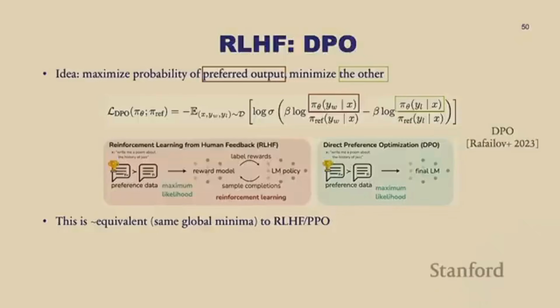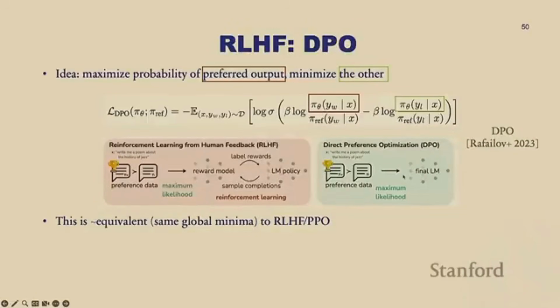So this is the right thing to do mathematically. I'm not going to go through the derivations, but that's the right thing to do. It's pretty different from PPO in the sense that with PPO, what you had to do is collect the human preferences, then train a reward model with maximum likelihood, then use reinforcement learning. Now all you do is basically maximum likelihood. Much simpler.